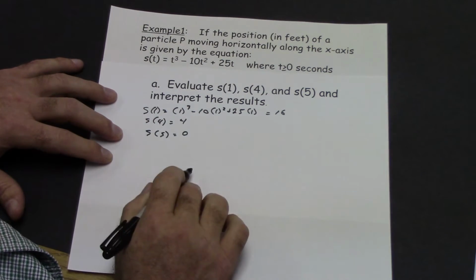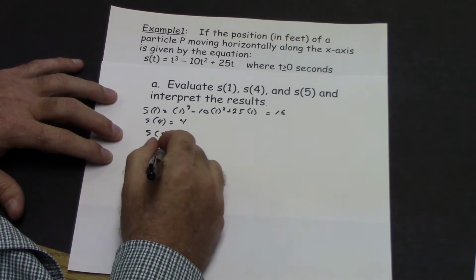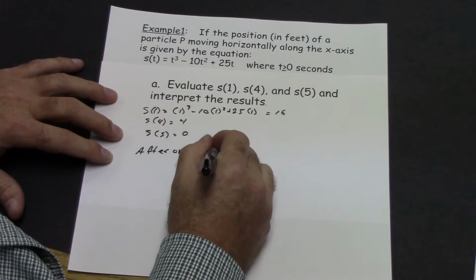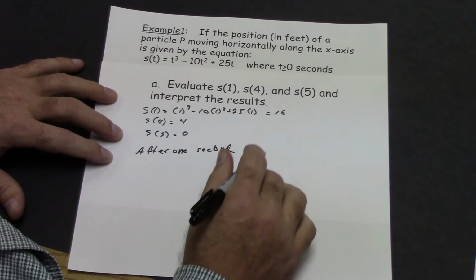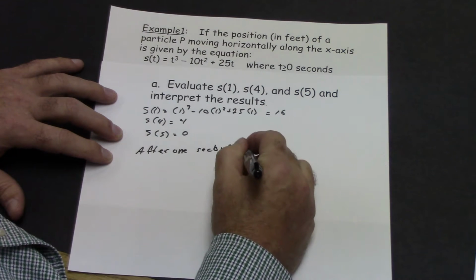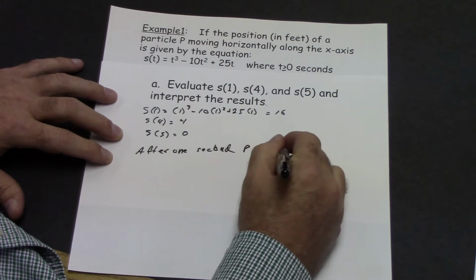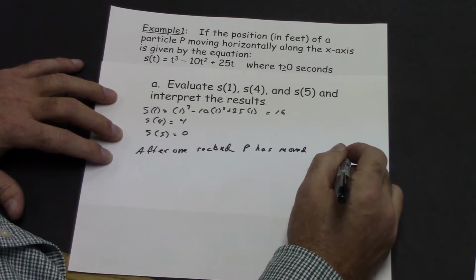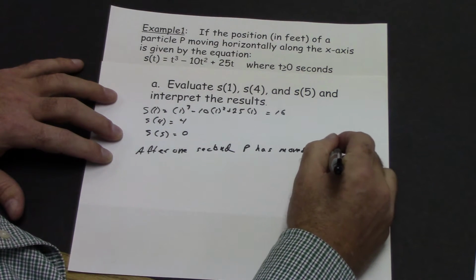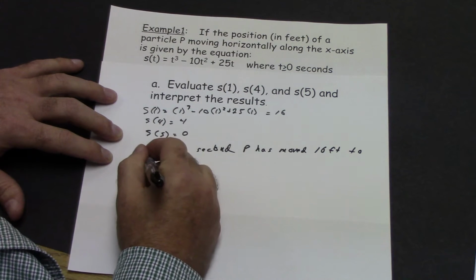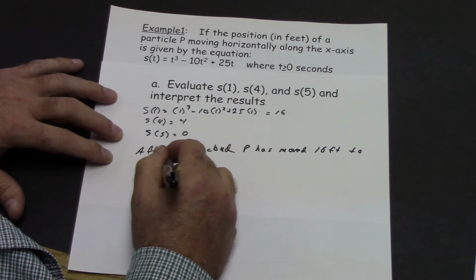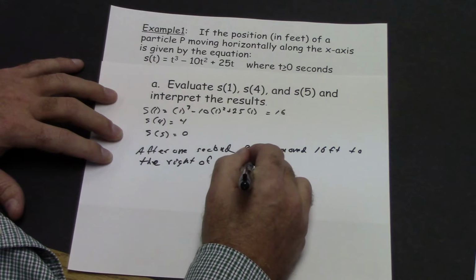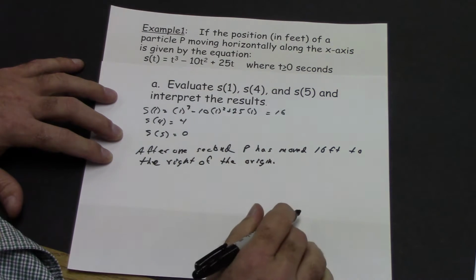First of all, after 1 second, our particle P has moved 16 feet to the right of the origin, of its starting point.